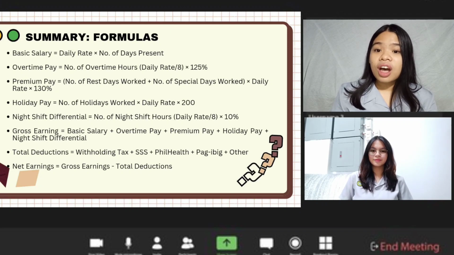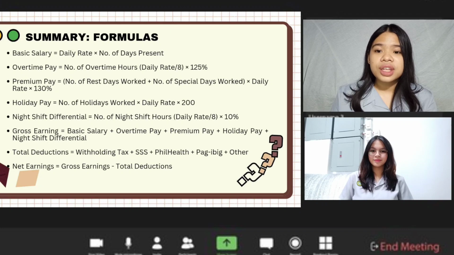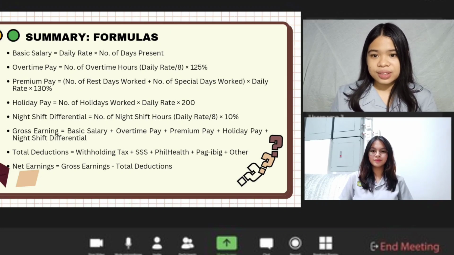To compute for the holiday pay, you need to multiply the number of holidays worked by the daily rate, then multiply it again by 200%. To compute for the night shift differential, you need to first divide the daily rate by 8, then multiply it by the number of night shift hours, and multiply it again by 10%.